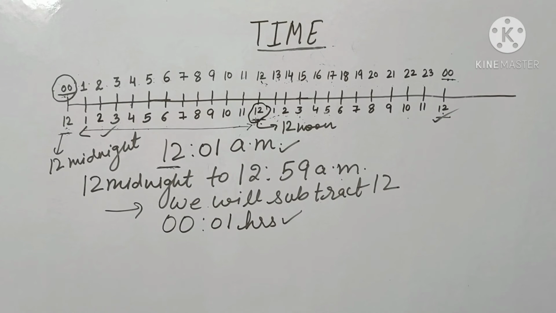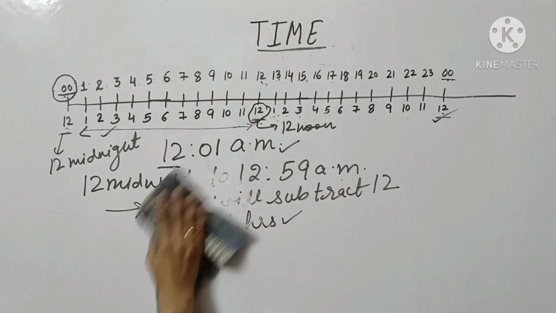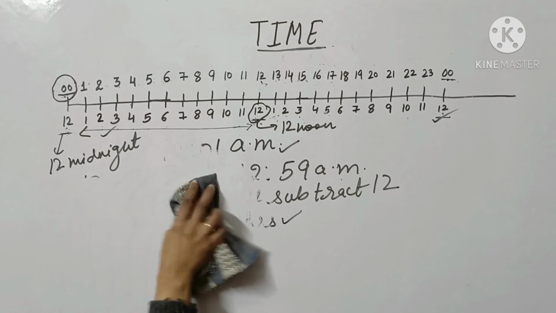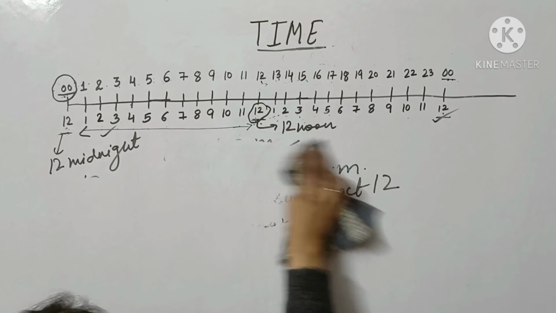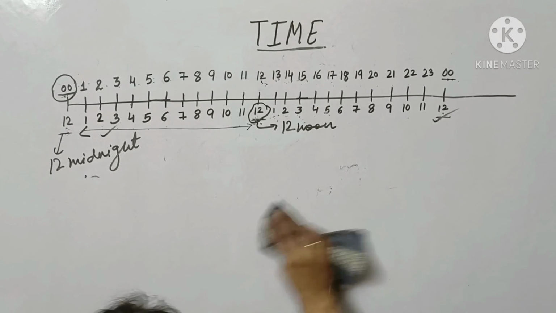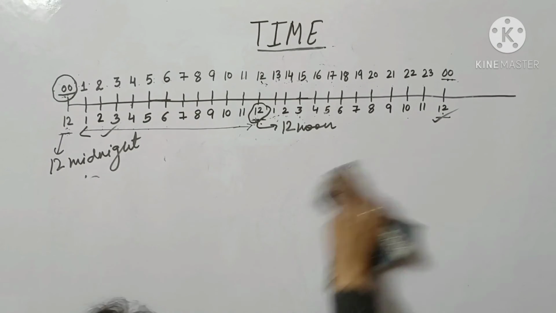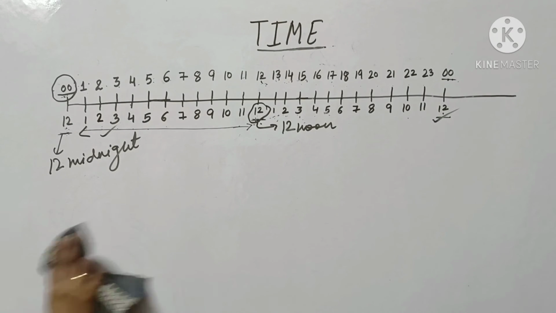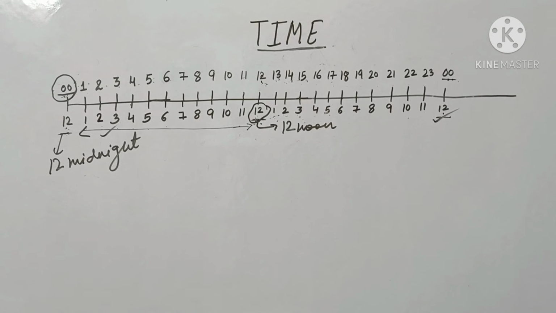Now 12 noon. Again, at 12 noon both the hands of the clock are sharp at 12. And when both the hands of the clock are sharp at 12, we will not use AM, we will not use PM. Simply we will say it as 12 noon. But after 12 noon, if a single minute has passed, then we will say the time in PM.